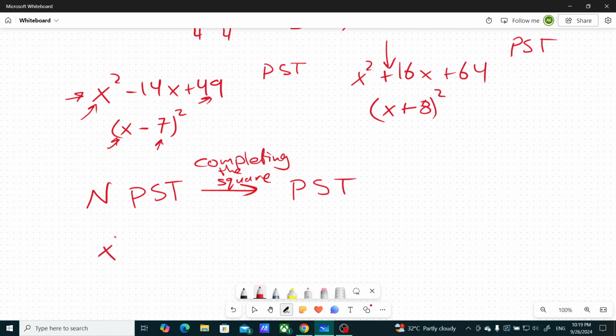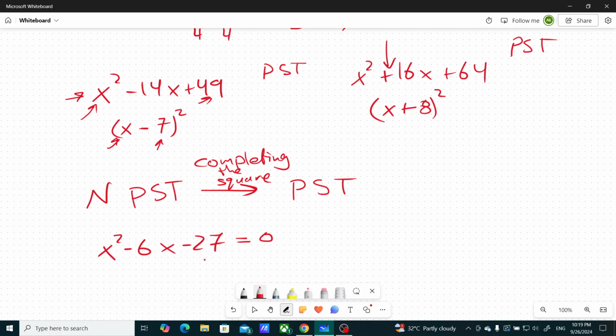So, x squared minus 6x minus 27. This function right here is not a perfect square trinomial. If I want to solve using completing the square, I will need to change it to a perfect square trinomial first. So let's say this is equal to 0.